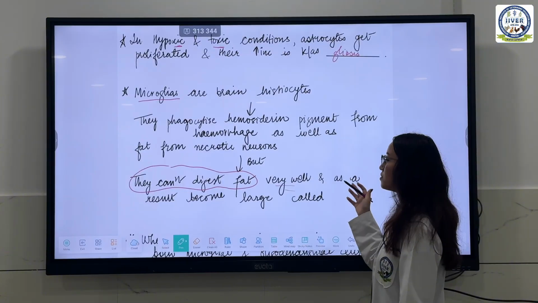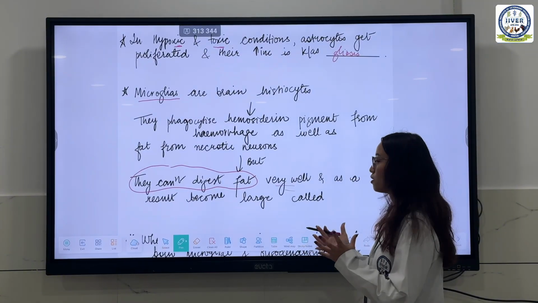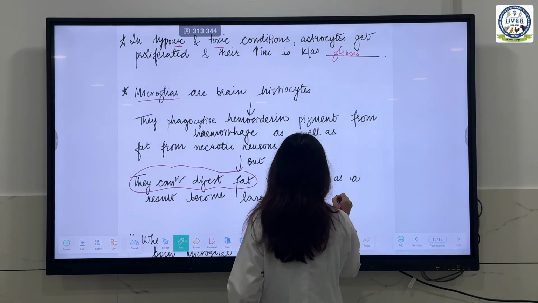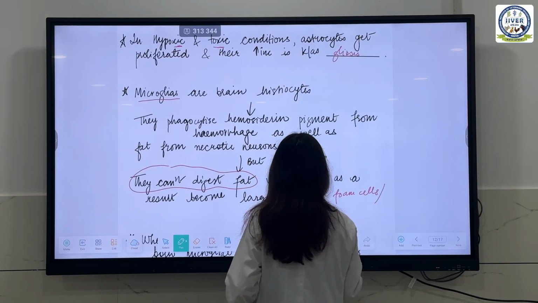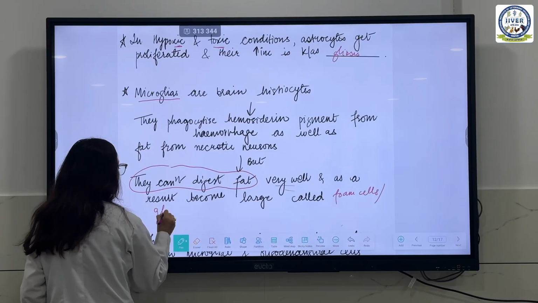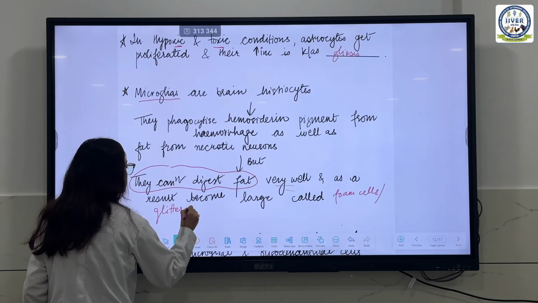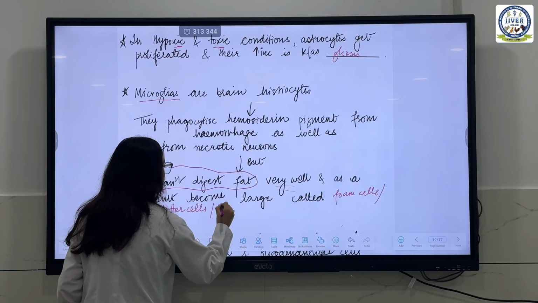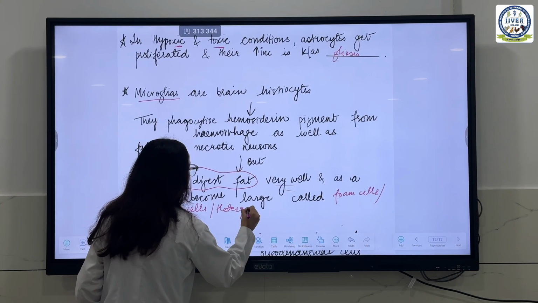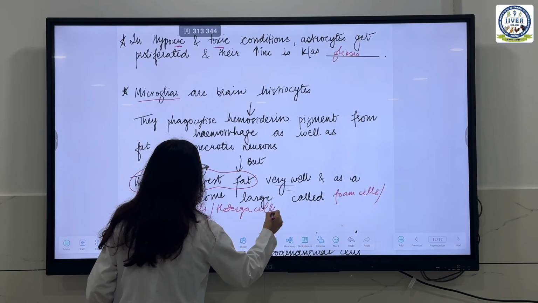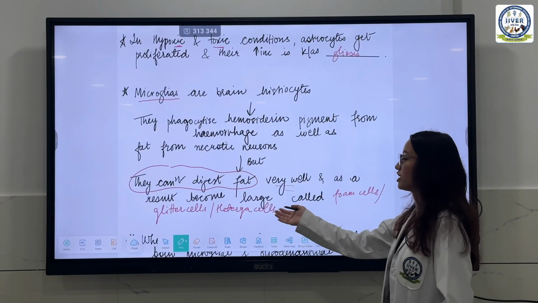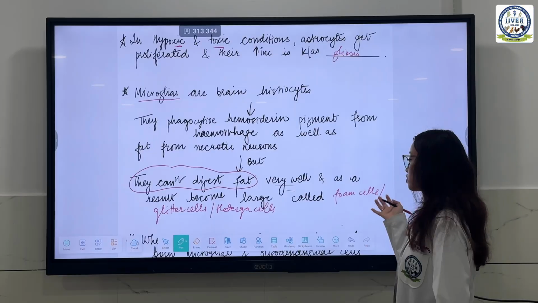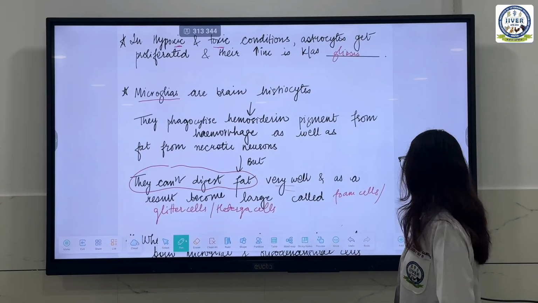As a result, they become large and swollen, and these are called foam cells, glitter cells, or Gitter cells. Sometimes they may ask you about foam cells or glitter cells, so remembering synonyms is very, very important.